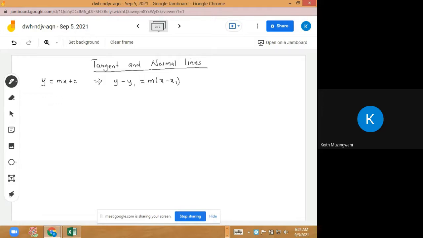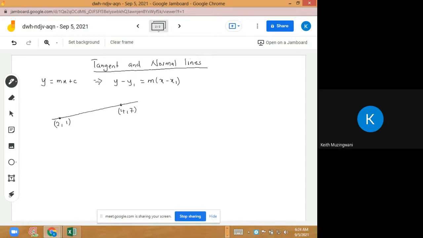Because we know if you are given a straight line and we put a point there, 4,7, another one here, 2,1, then they say find the equation of this line.